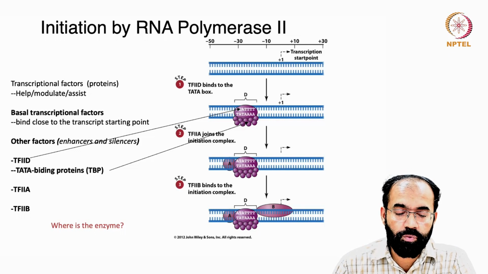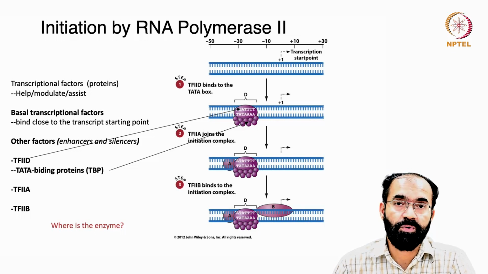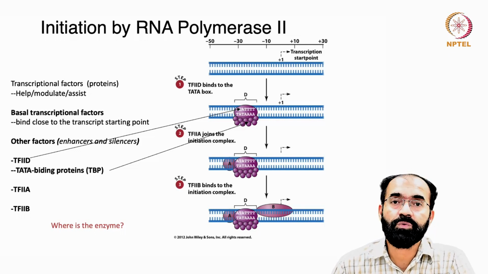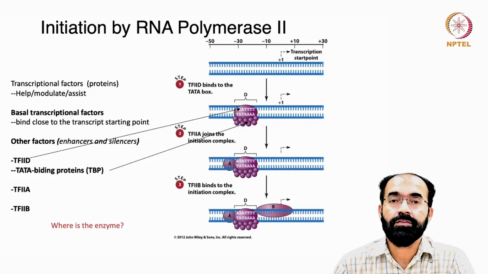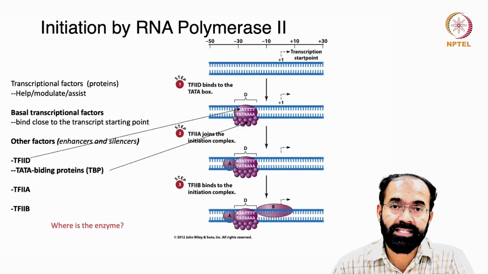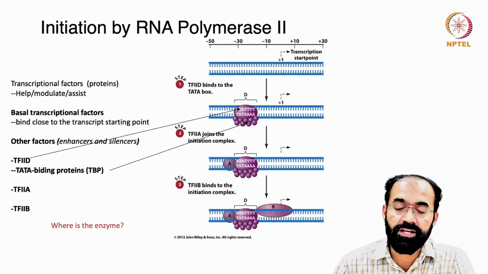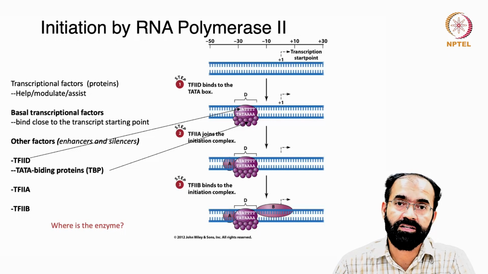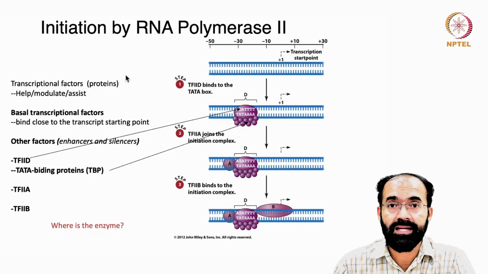If TF2A comes to a promoter first, then it may not find this spot attractive or worth starting a transcription initiation. So the presence of TF2D is very important for TF2A to find this place attractive.